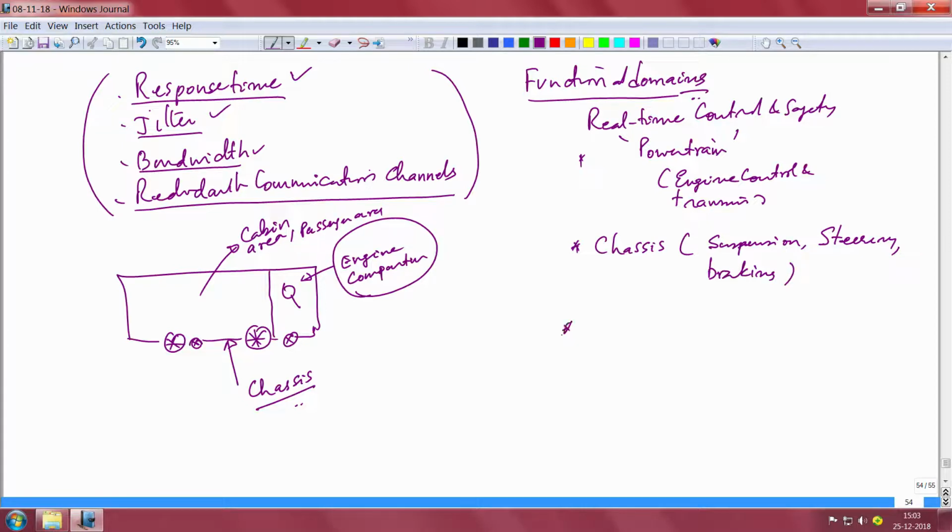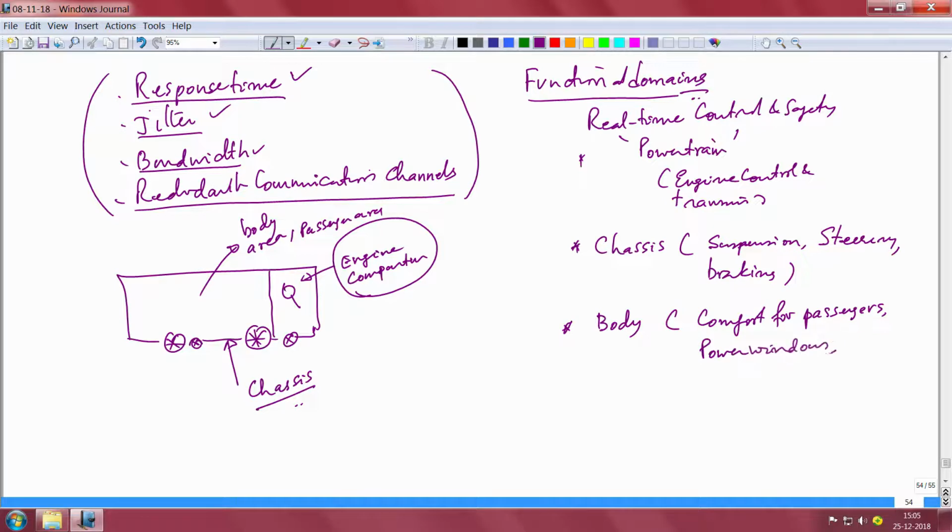The third one will be body or cabin, the body area or passenger area, which implements comforts. Comfort for whom? Comfort for passengers. So, all that you currently have can be part of this body. For example, music in the vehicle, then Bluetooth connectivity from your phone. Some people have these wireless Bluetooth devices, that is another functionality.